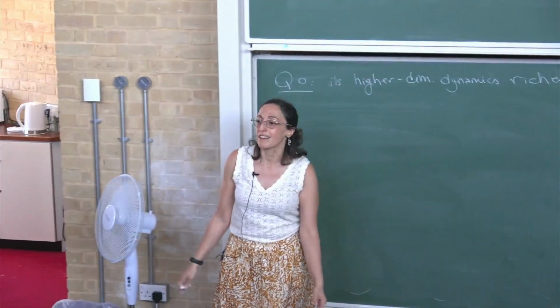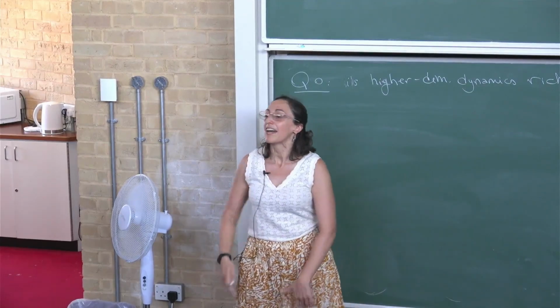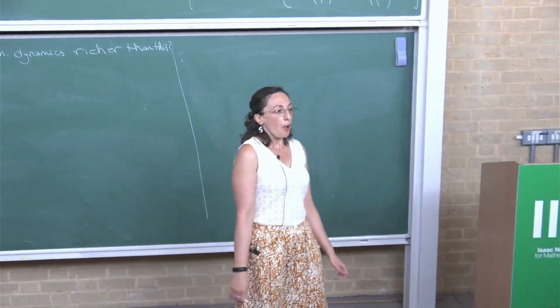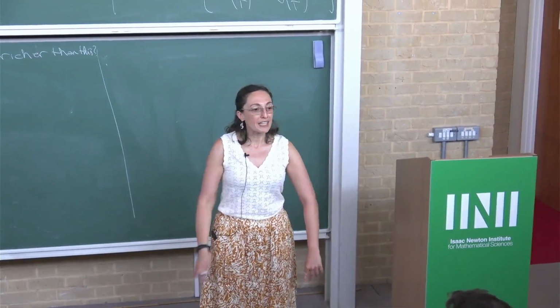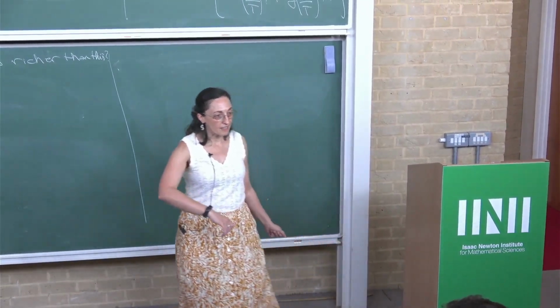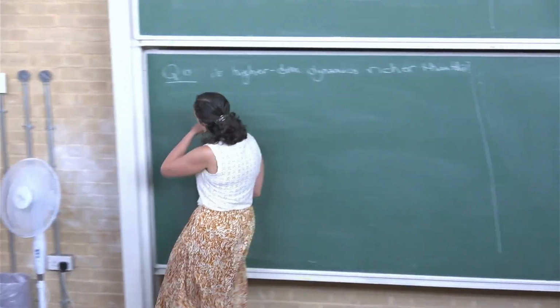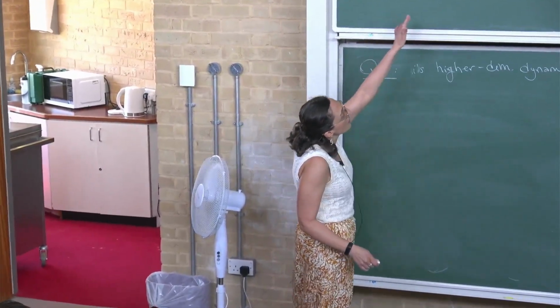I mean, what do we really care about? And you know already, because you had Tom's talk, that it is. But is it only when I talk about transcendental objects, or is it really richer?